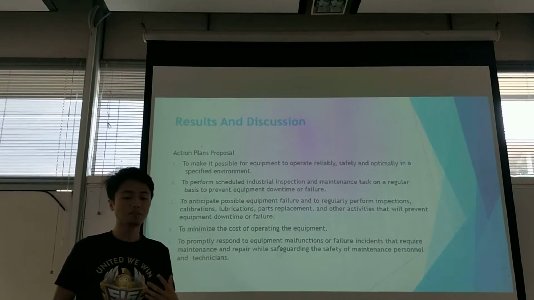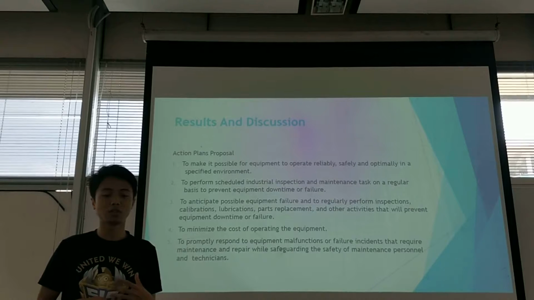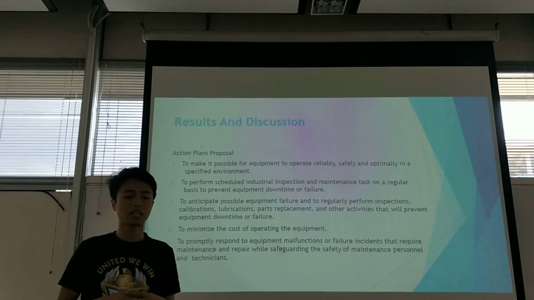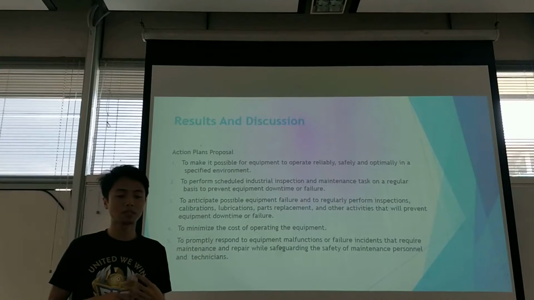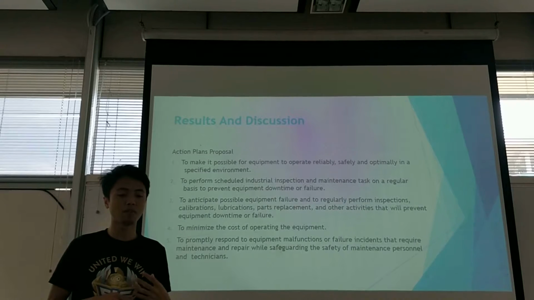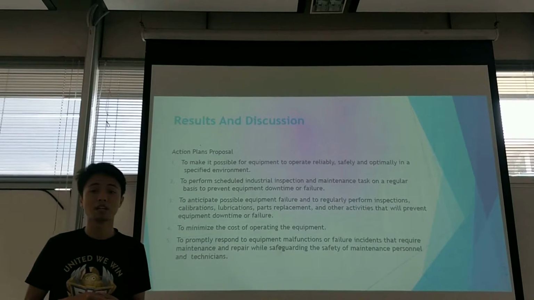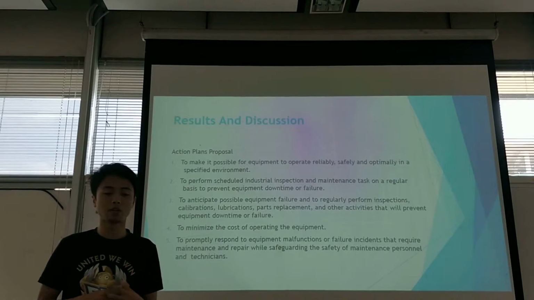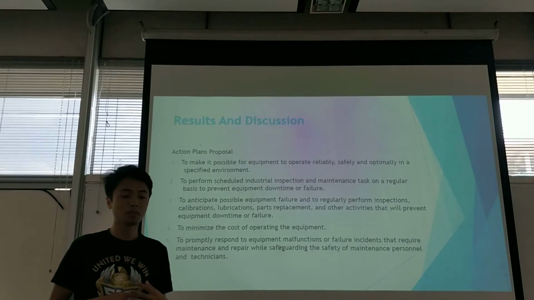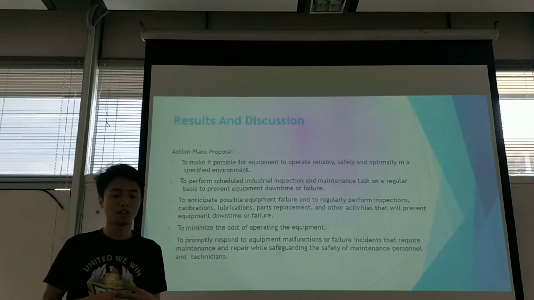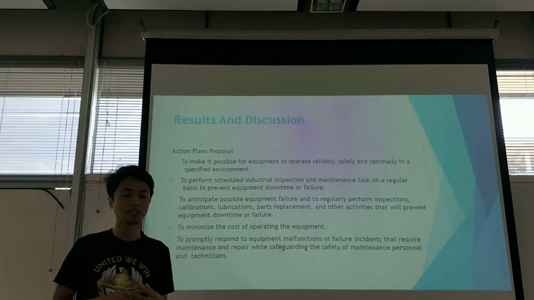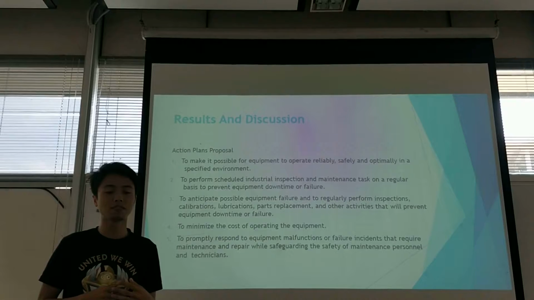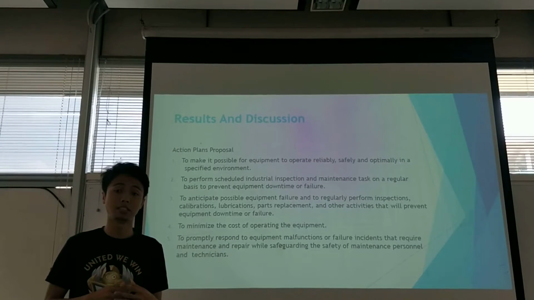Next, to anticipate possible equipment failure and to regularly perform inspection, calibration, lubrication, part replacement and other activities that will prevent equipment downtime or failure. Number 4, to minimize the cost of operating the equipment. And lastly, to promptly respond to equipment malfunction or failure incidents that require maintenance and repair while safeguarding the safety of maintenance personnel and technicians.